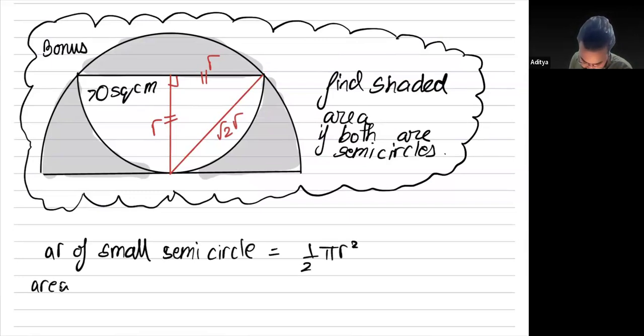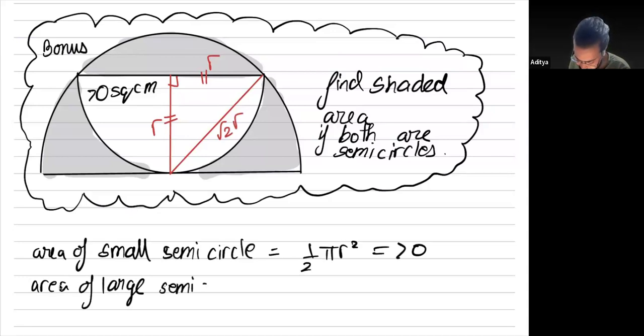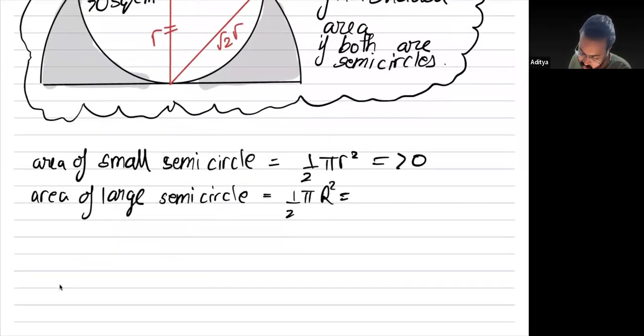Area of large, and this is equal to 70. Okay. Large semicircle equal to half pi capital R square, and capital R square is 2 of small r square, so half pi times 2r square, which is equal to pi r square or 140.